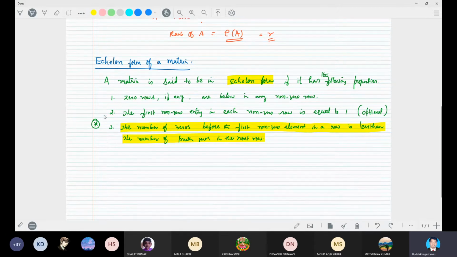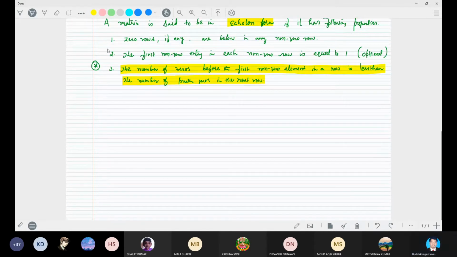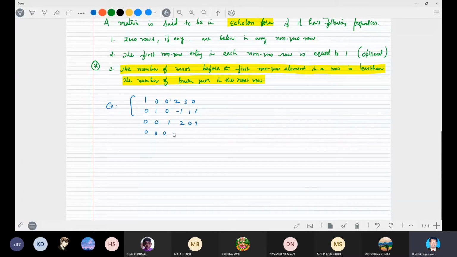I am writing the examples here. Take an example. Suppose 1 0 0 2 3, 0 0 1 0 minus 1 1, 0 0 1 2 1 0, 0 0 0 2, or you may put it as zeros.